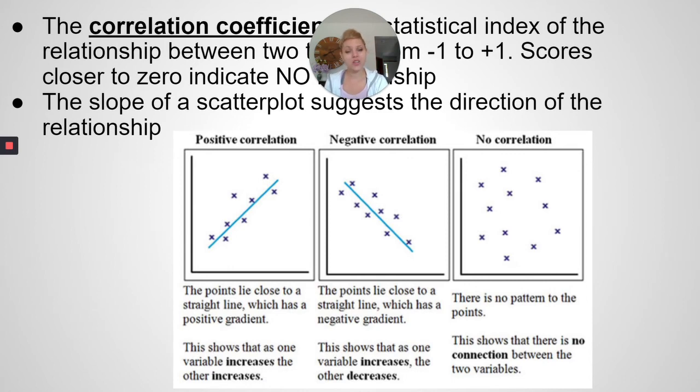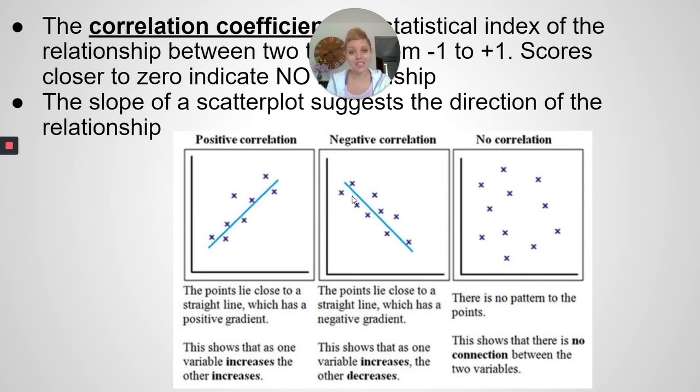This can also go on the flip side: if one of my variables is decreasing in frequency and my other variable is also decreasing in frequency, I still have a positive correlation because my variables are still moving in the same direction. And as it is plotted on the graph, you can see that it creates a line of best fit. And it looks like so.